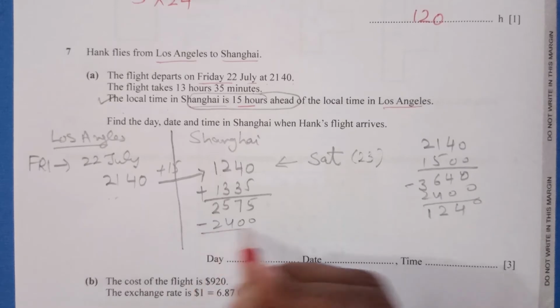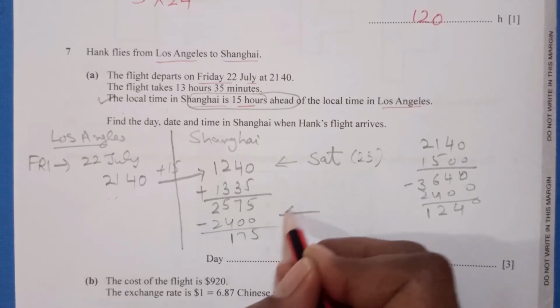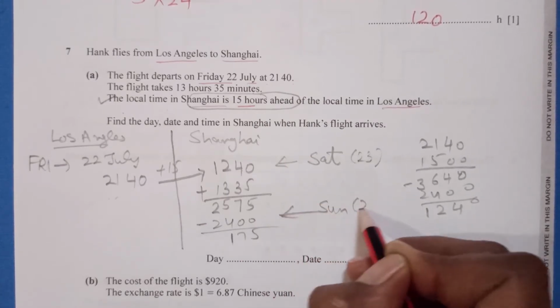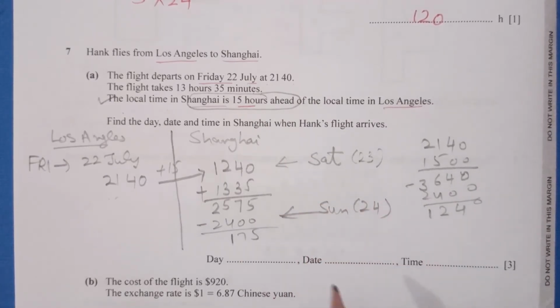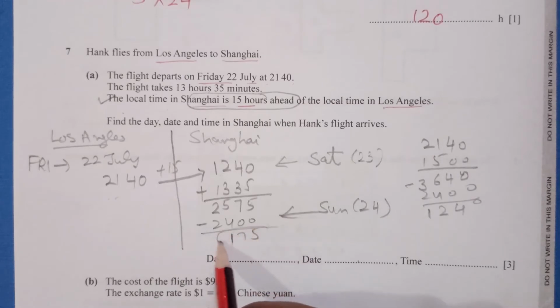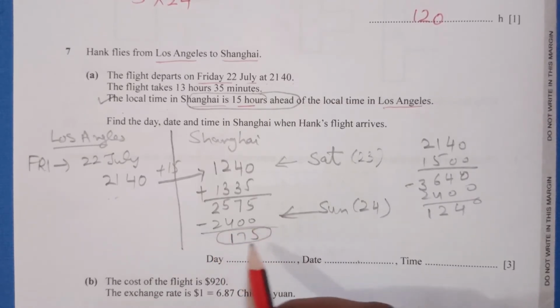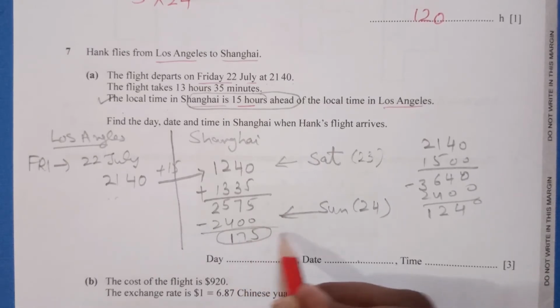So we are going to subtract, and this time we now reach Sunday, which is the 24th, right? So we got two answers here, Sunday and date. Now we are left with time. So 175, we cannot write down 175 because this is more than 60 here. So minus 60 from here.